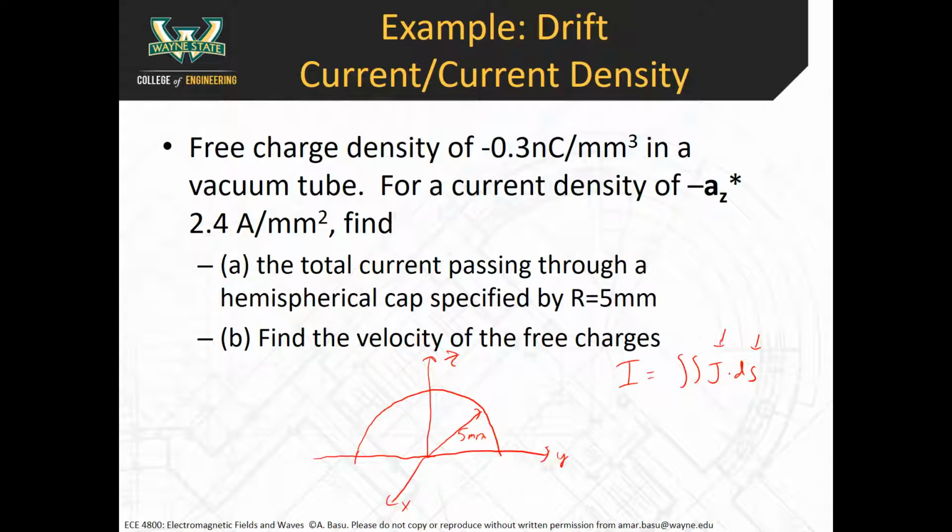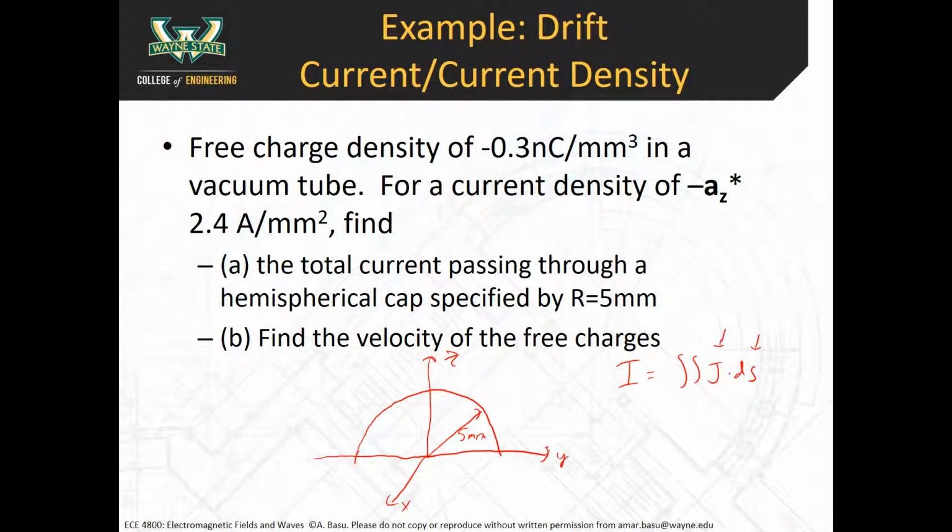Let me show you what I mean by that. The current density, so this is our J. J equals negative a sub z times 2.4. So J is pointing in the negative z hat direction. All right?